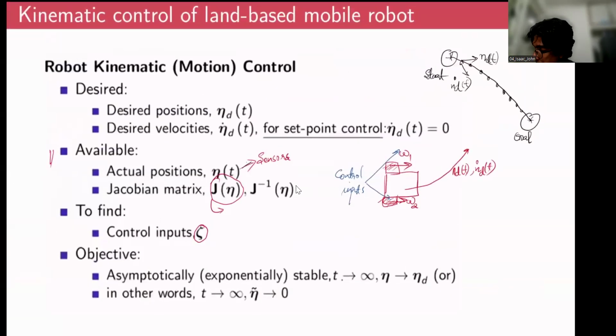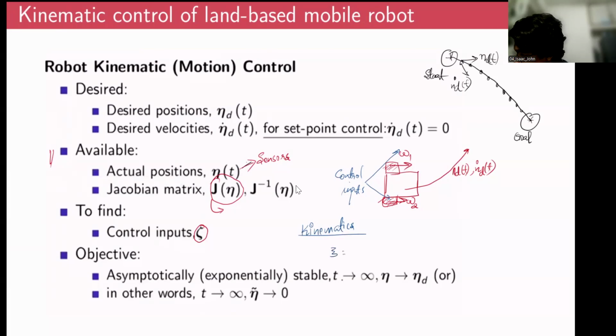So we have to find this zeta vector. But from the kinematics of wheeled mobile robots, we know the relation between zeta and eta dot.